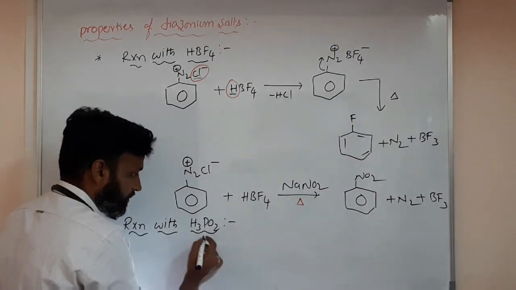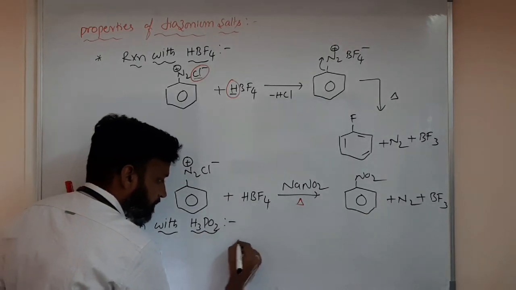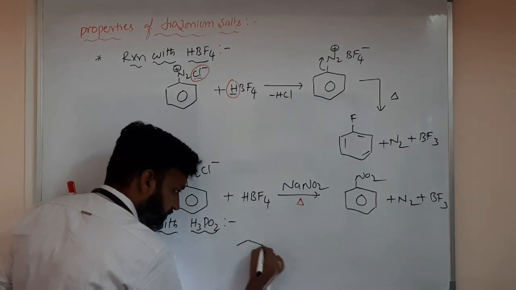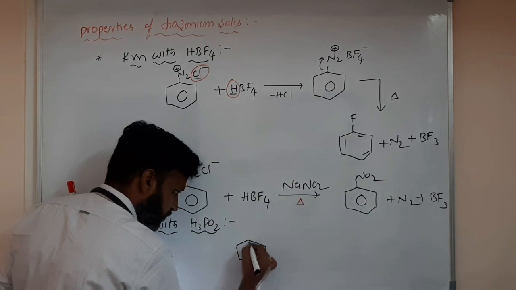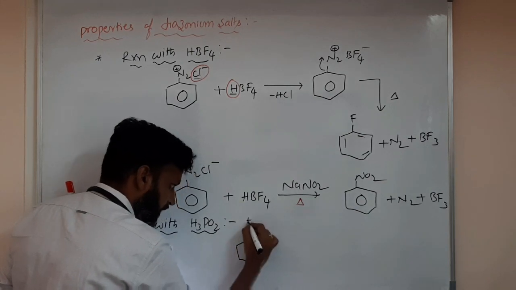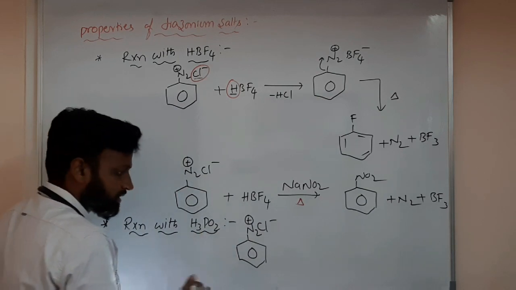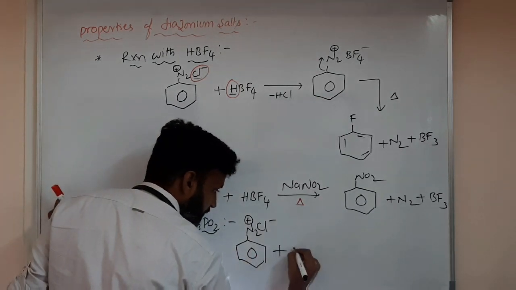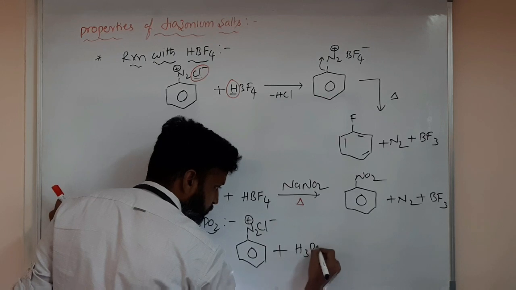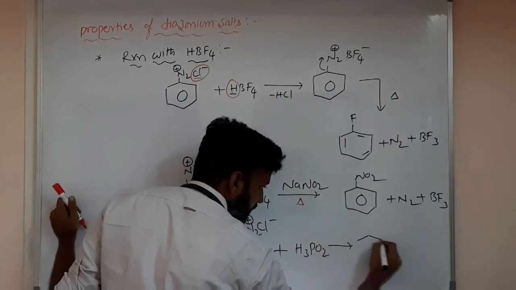So this is H3PO2, and when the diazonium salt C6H5N2+ Cl- reacts with this hypophosphorus acid, do you know what the product is?